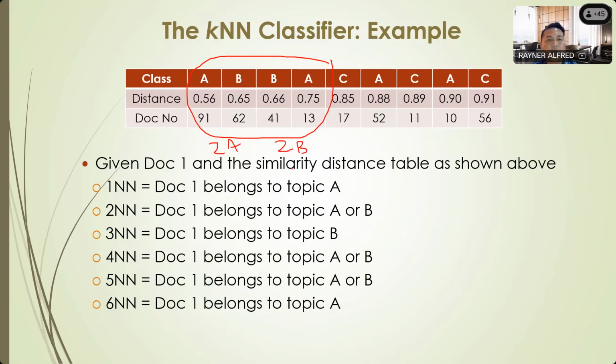So we can assign a default class, or we can compute the average. For the average, we compare this and this.